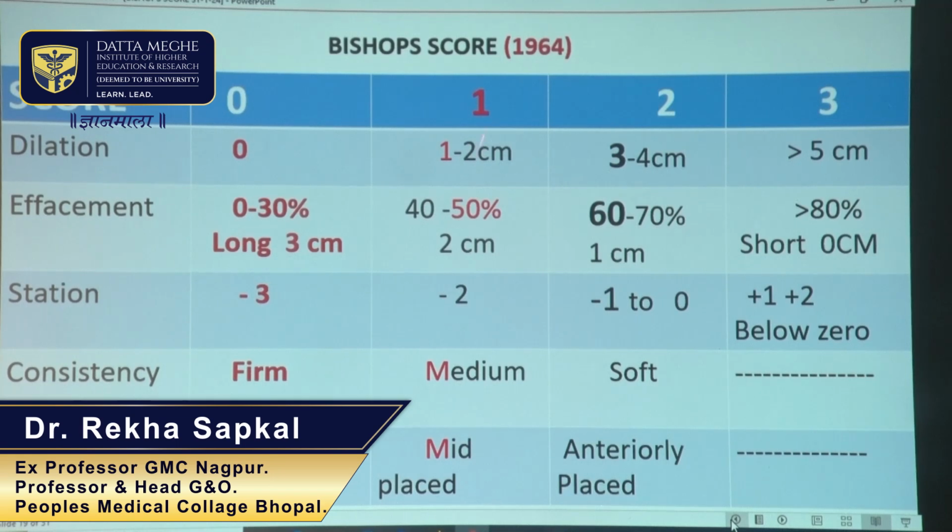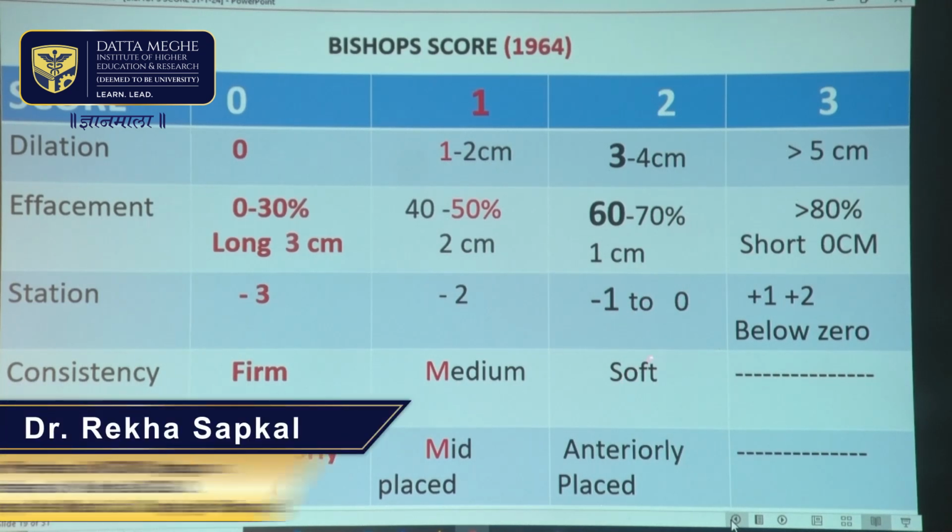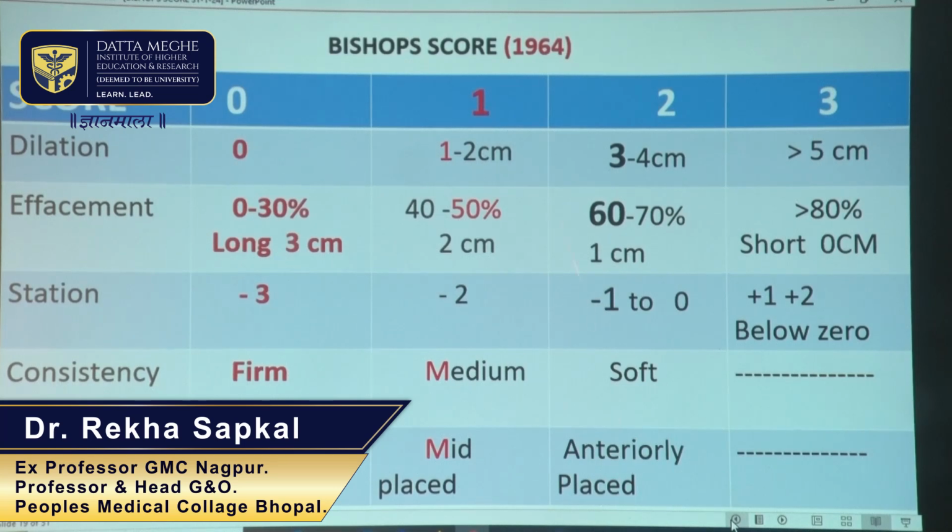This is progressive dilatation, which we have discussed. Next, 3 centimeter, 60% effaced, head nearer the 0 station, -1 or 0 is good, soft consistency, and an anteriorly placed cervix is the good cervix.